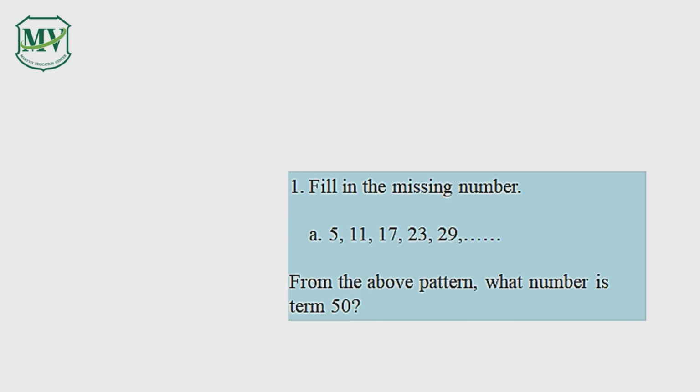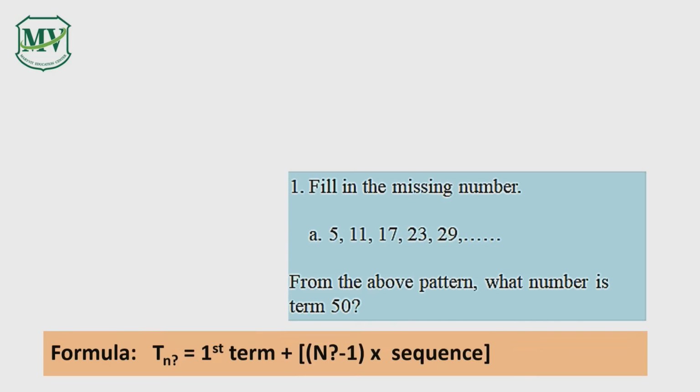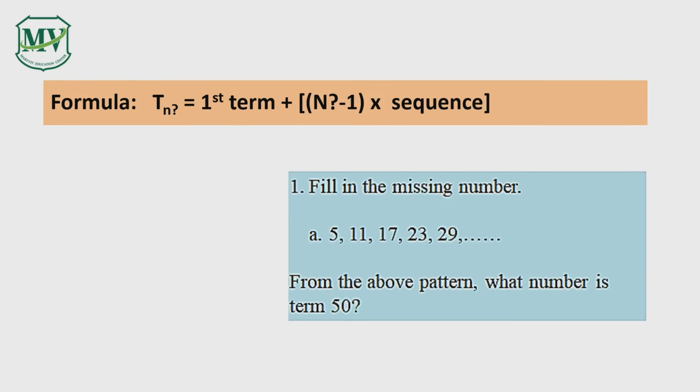It's increasing by 6. So by doing this, we can use the formula that we learned from the other slide, which is T equals the first term plus open bracket, open parenthesis, the term that we are looking for, minus 1, close parenthesis, times the sequence, close bracket.